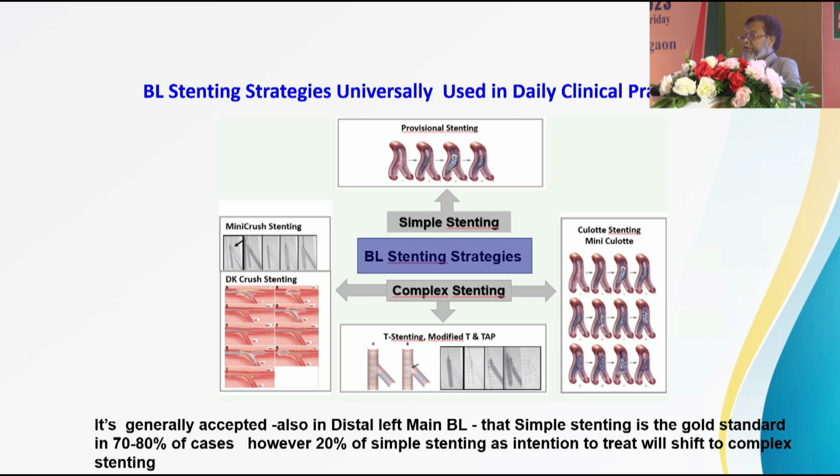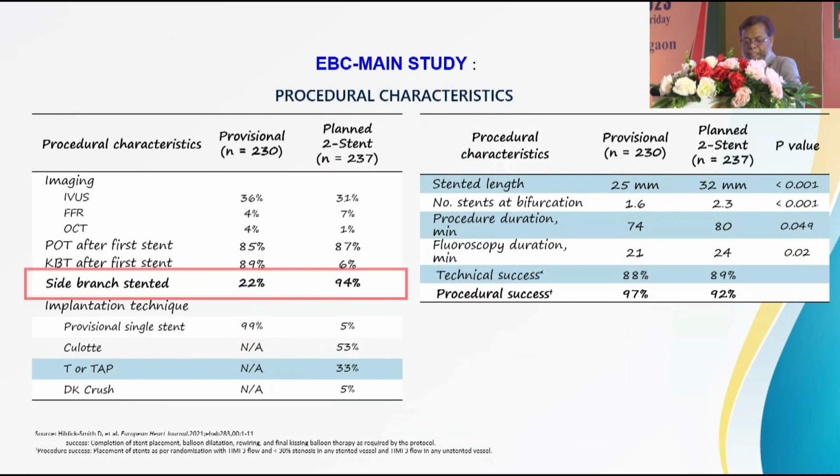If the side branch will require stenting, you may go to a crush, either mini crush or DK crush, or culotte, or T stenting, or TAP stenting, any of the variety according to the anatomy as well as the vessel lesion morphology.